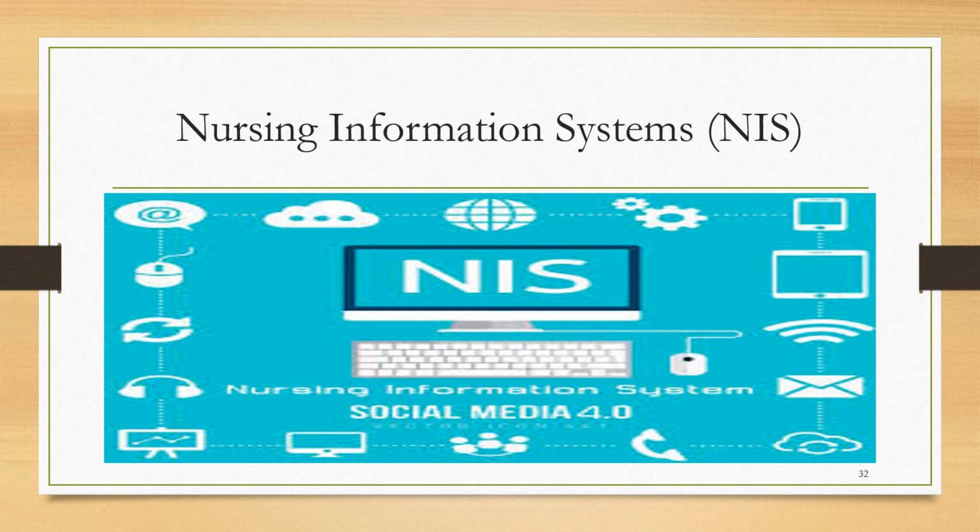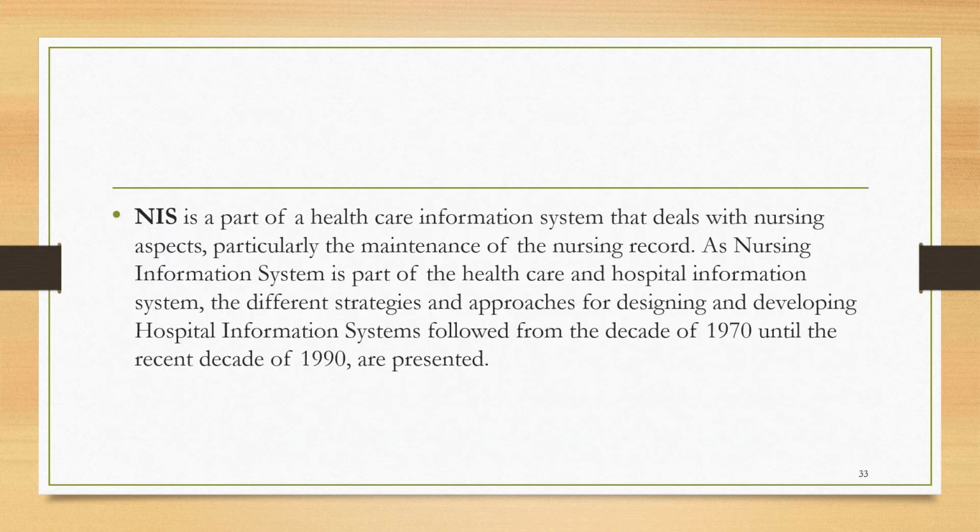Recent attention has focused on the procurement and implementation of nursing information systems within the acute sector. A key success criterion has been the ability to plan the nursing system in the context of the overall development of patient services within a hospital. So, what is the nurses information system?